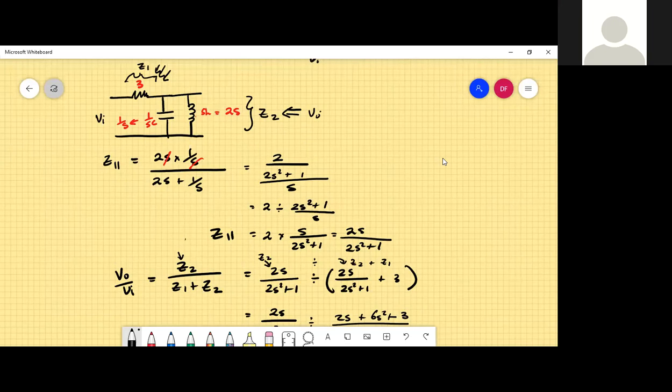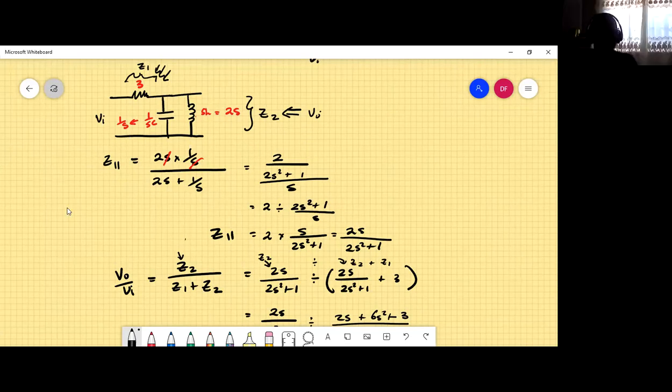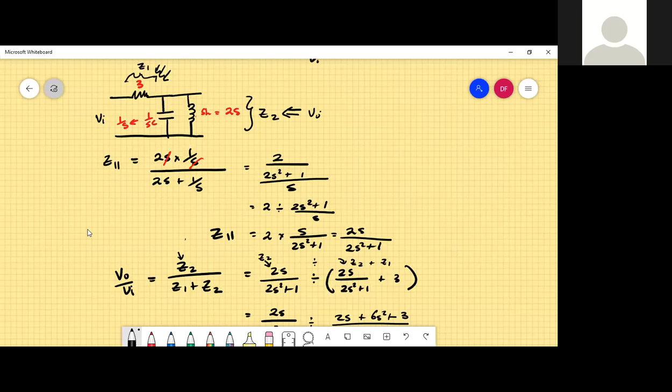I was wondering how the numerator ended up being 2S over 2S squared plus 1 plus 3. I was just using the associative property: Z2 plus Z1 is the same as Z1 plus Z2.